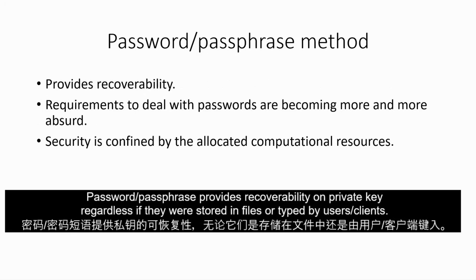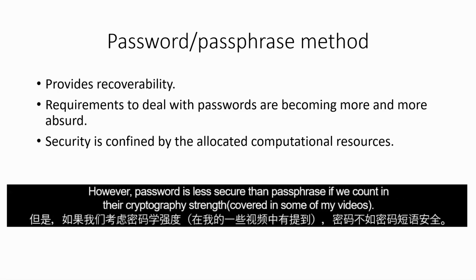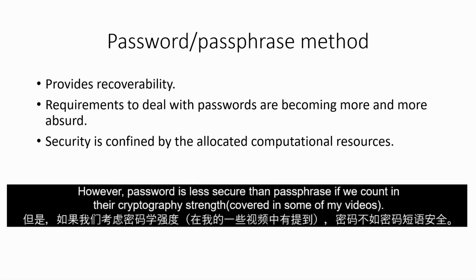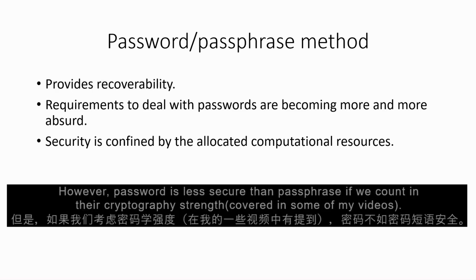Password or passphrase provides recoverability on private key regardless of whether they were stored in files or typed by users or clients. However, password is less secure than passphrase if we count in their cryptography strength, covered in some of my videos.